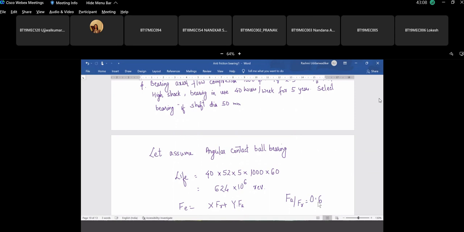Different values of E are given, varying from 1.14 to 0.86, and all these values of E are definitely greater than FA by FR. Let us select one particular value. Should we go for E 1.14?